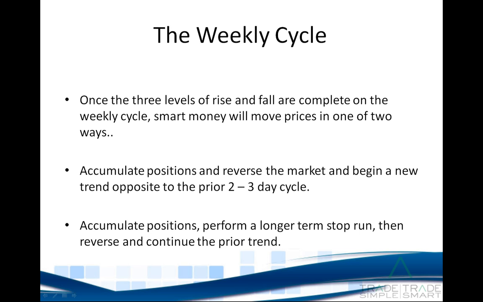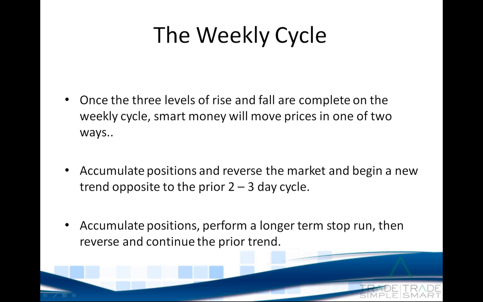First thing is that smart money will begin to accumulate positions and reverse the market and begin a new trend opposite to the prior 2 to 3 day cycle. Okay, so you will see 3 levels of rise or fall, and then smart money will begin to accumulate positions, and this accumulation is referred to as level 3 accumulation, which we will go into later on in this section.